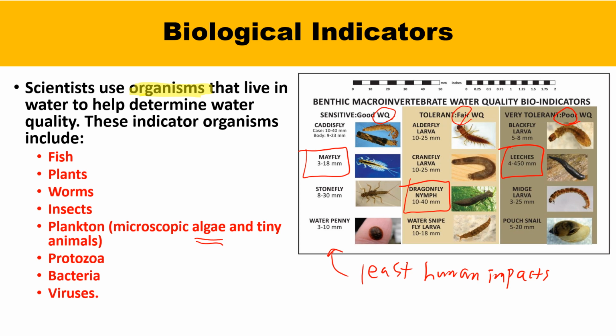I like to point out that insects, worms, and bacteria, those three are some of the most important biological indicators, even though it's not showing in here. Some of those amphibians play a huge role too, aka frogs.